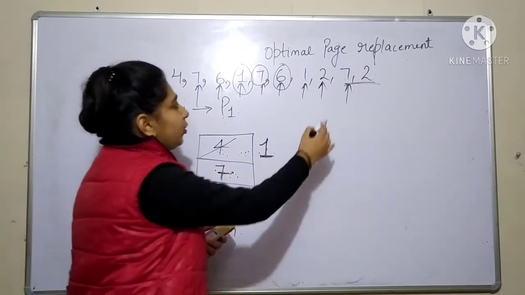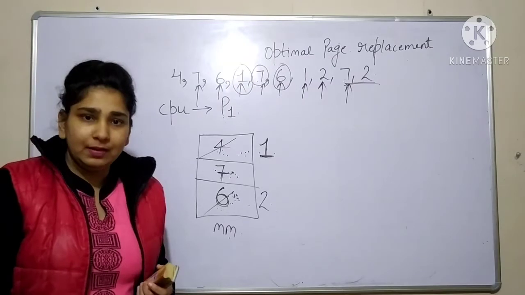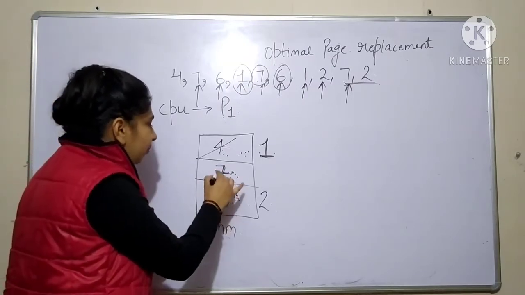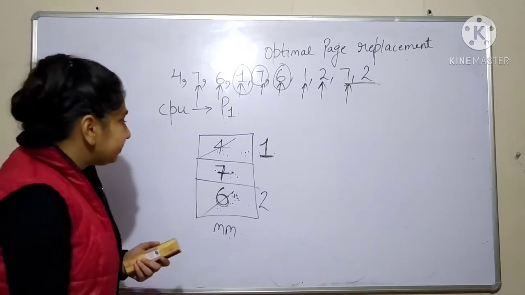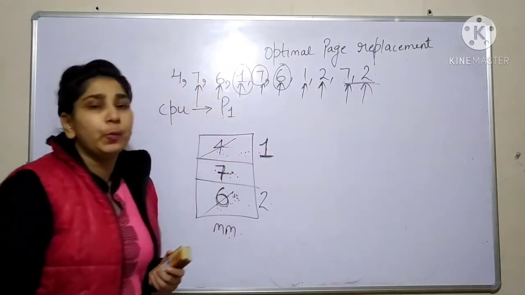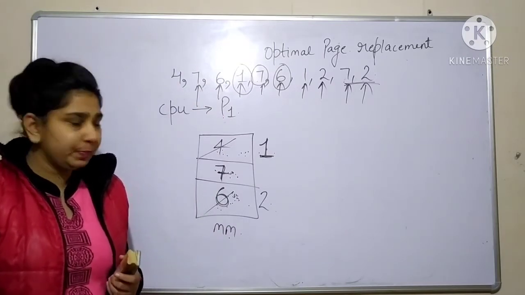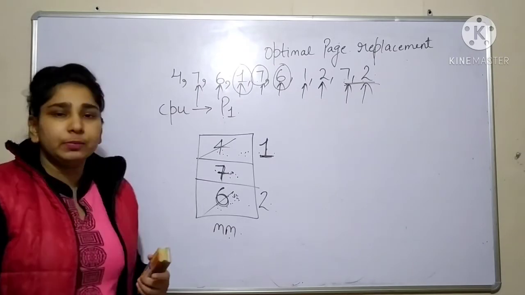Okay. Next, your CPU is requesting for page number 7. And this 7th page is present in the main memory. Next, your CPU is requesting for page number 2.